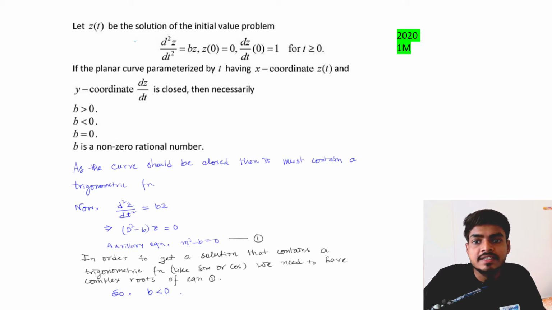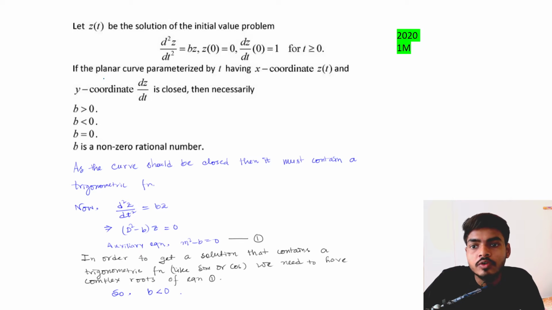Here the question is: let z(t) be the solution of the initial value problem. This is an initial value problem because at the initial value of t you know the value of z and the first derivative of z, dz/dt.